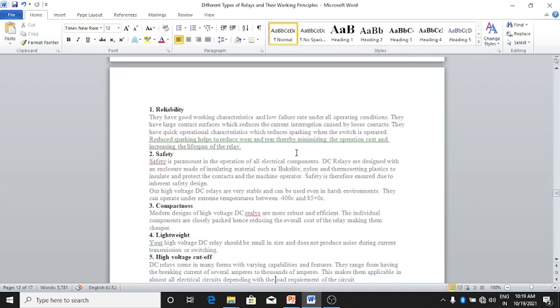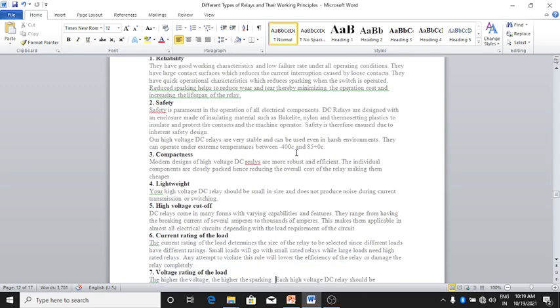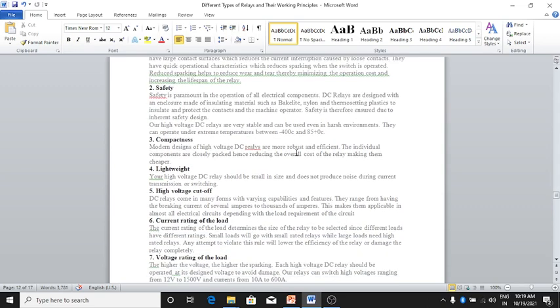Compactness. The modern design of high voltage DC relays is more robust and efficient, and individual components are closely packed, hence reducing the overall cost of the relay, making them cheaper. Lightweight: your high voltage DC relay should be small in size and not produce noise during current transmission or switching.